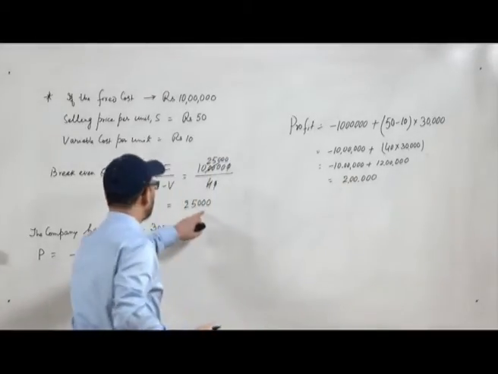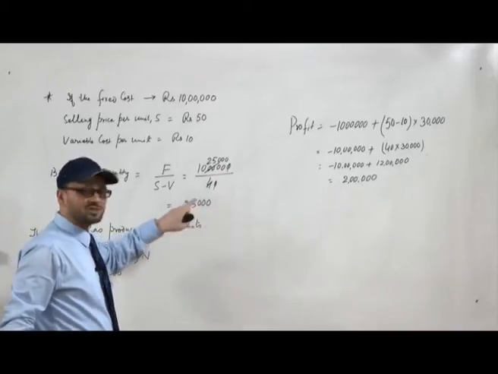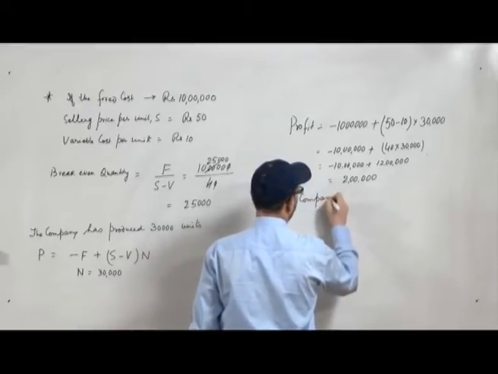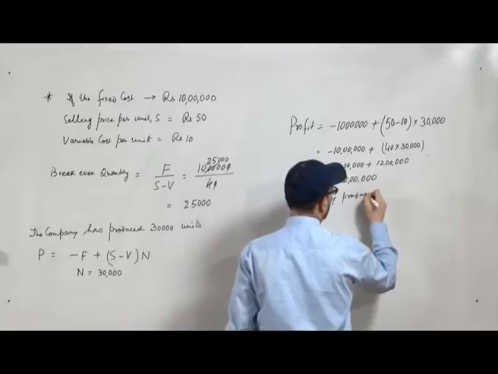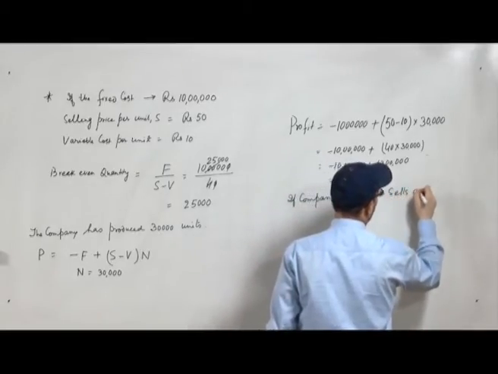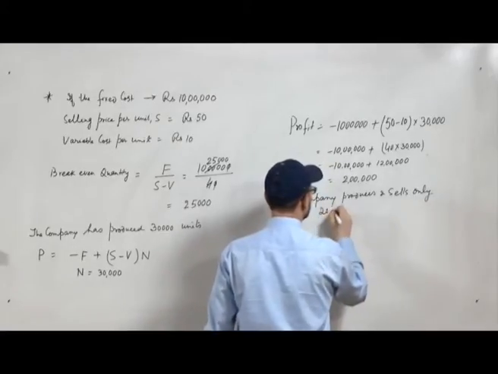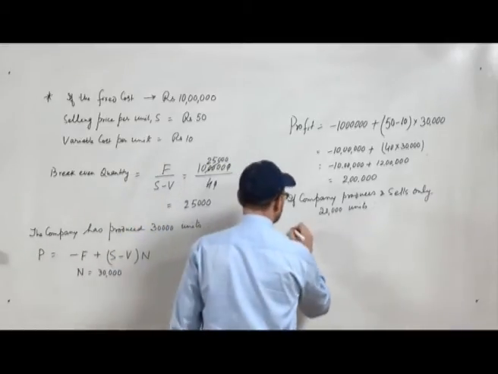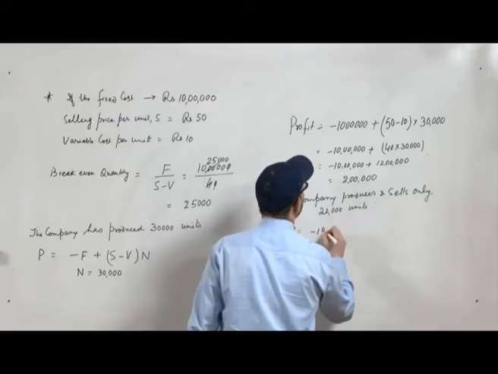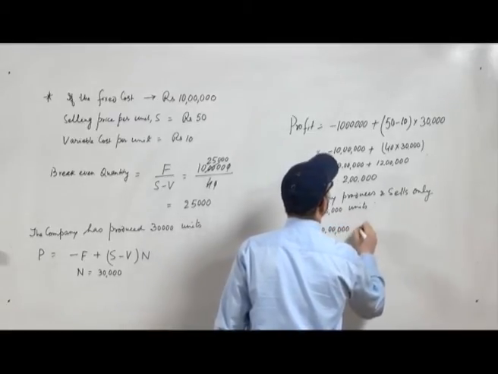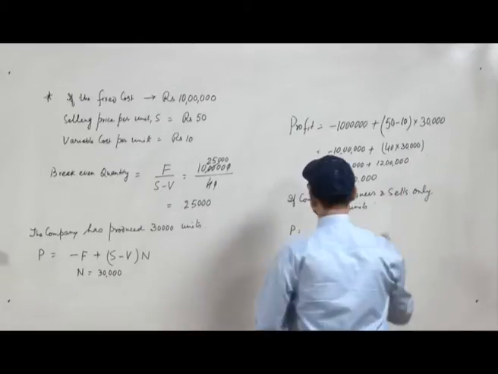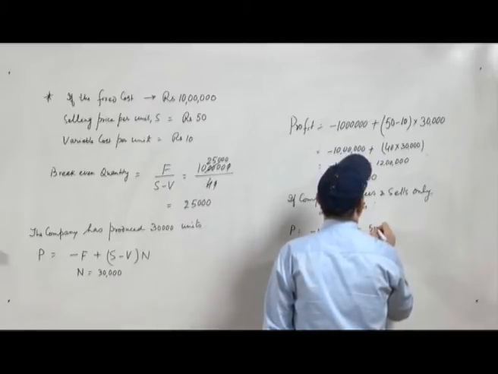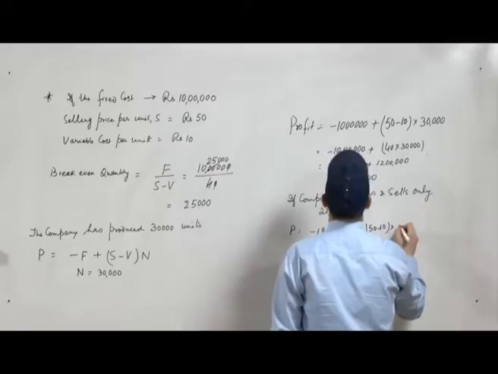If the company on the other hand is able to produce and sell only 20,000 units, in that case we will have P as minus 10 lakh plus S minus V into N. So, this N will be replaced with 20,000 and S minus V is 50 minus 10, that is 40, into 20,000.